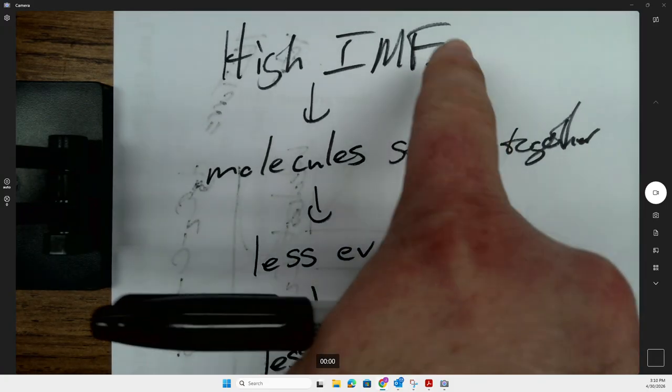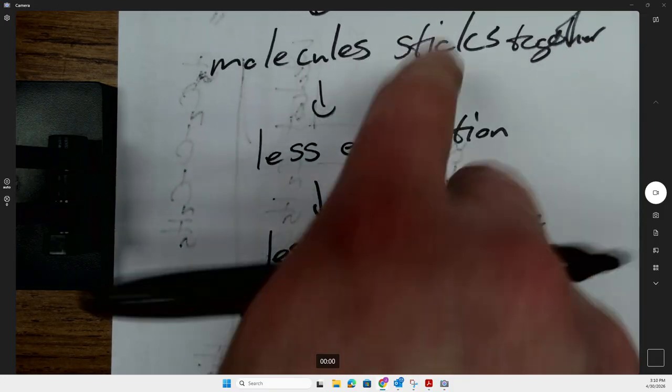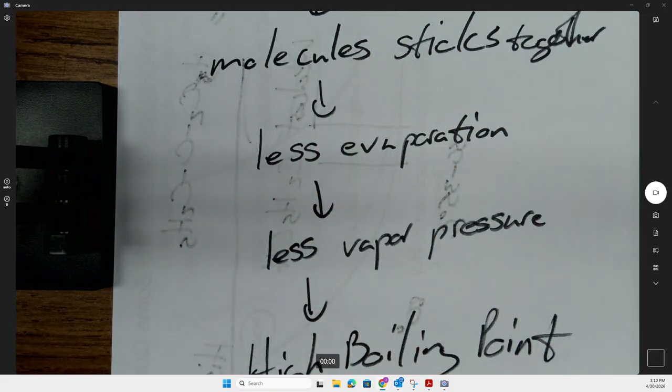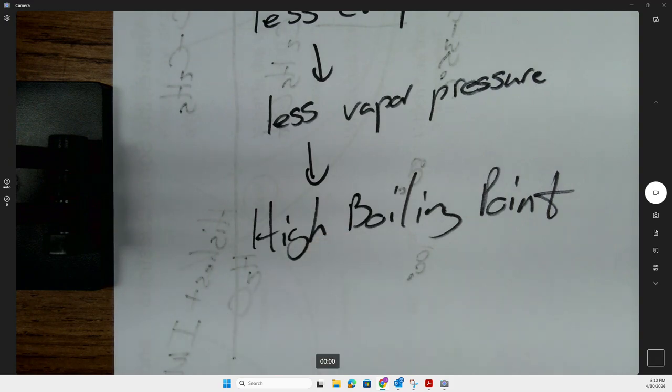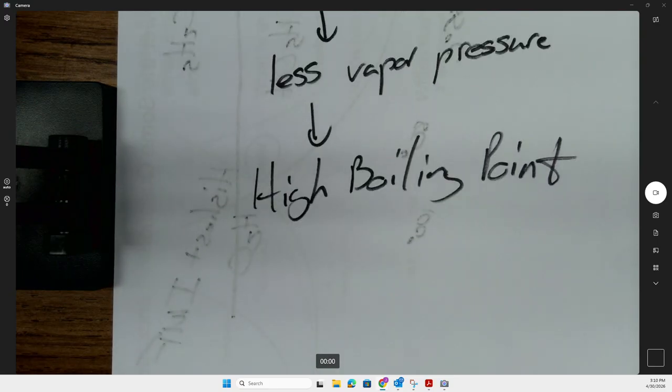So, the higher my IMFs, the more my molecules want to stick to each other. The more they stick to each other, the less evaporation that happens. The less evaporation that happens, the less amount of my molecules are making it into the air above my liquid. In order to get to that point, I need to put more energy into the system.